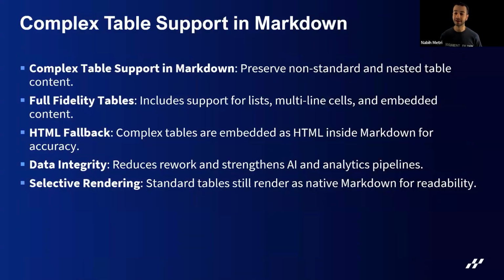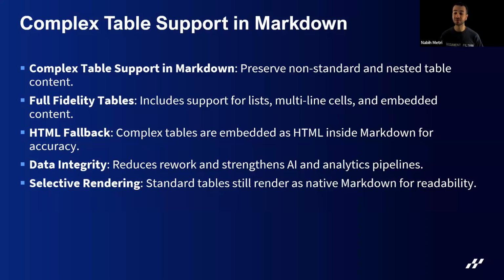So Document Filters now has enhanced complex table support in Markdown, preserving layouts that include nested content like lists or nested tables. In the past, these tables would often be partially rendered or discarded, forcing teams to recover structure manually or risk downstream errors. But now, complex tables are preserved using sanitized HTML embedded directly into the Markdown output.